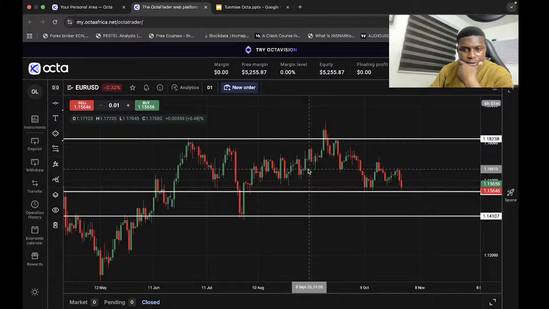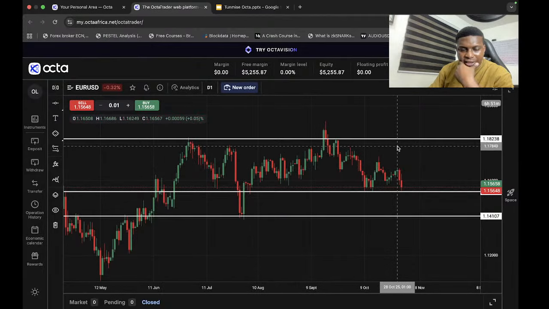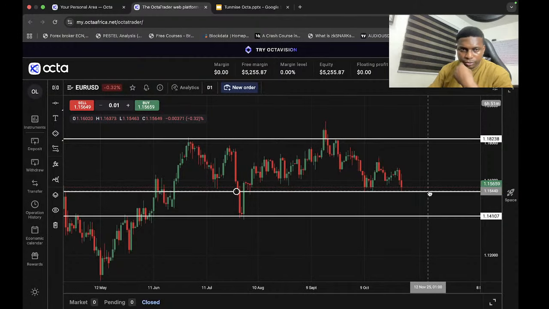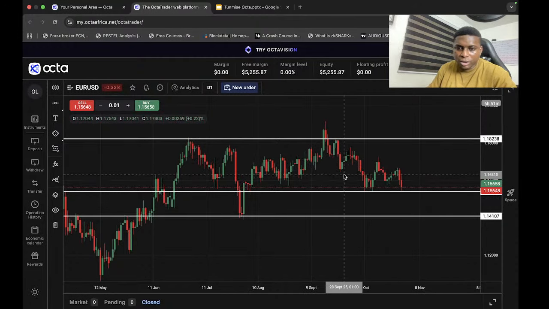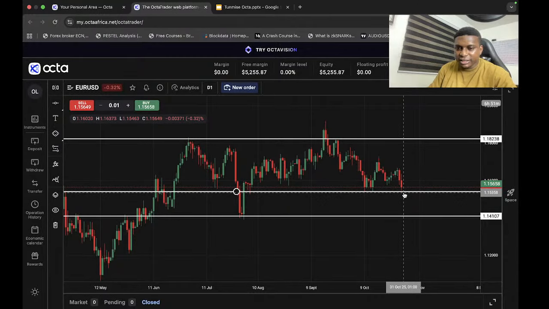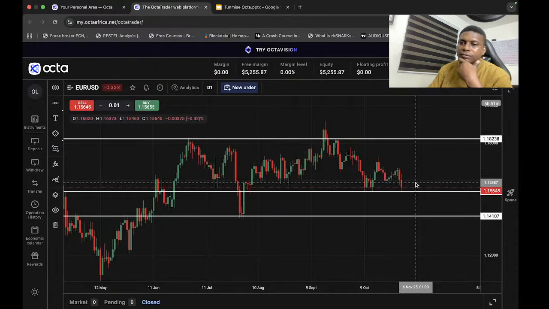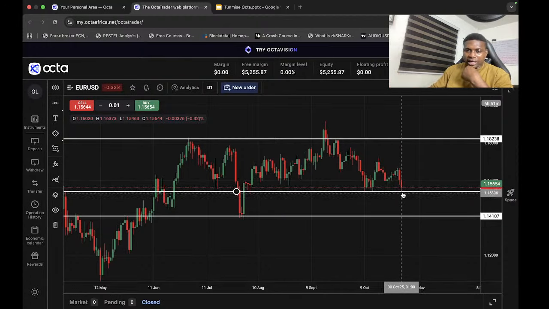Now, when we look at this, this is a resistance zone, this is a support zone. Currently on the daily time frame, we can see that price is sitting on the support zone. When price is sitting on the support zone like this, we can see from the higher time frame that there is a higher probability that the market would go back up, except on one condition: there is a breakout of the support zone here.